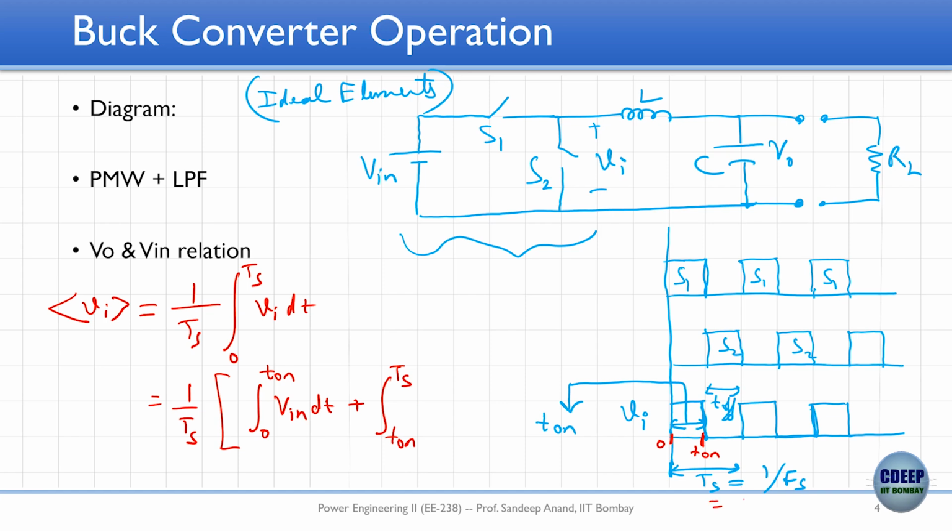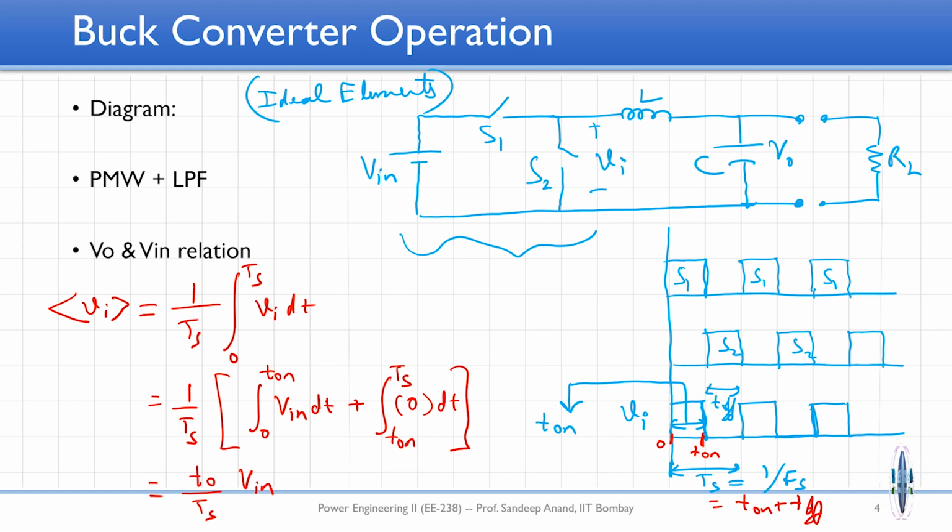And the total period Ts is nothing but equal to T on plus T off, and in this period voltage is 0 multiplied by dt, and if you solve this, what do you get?